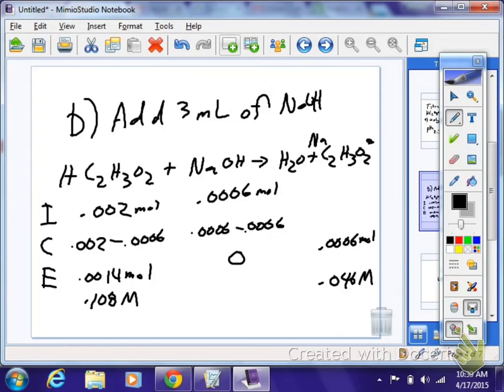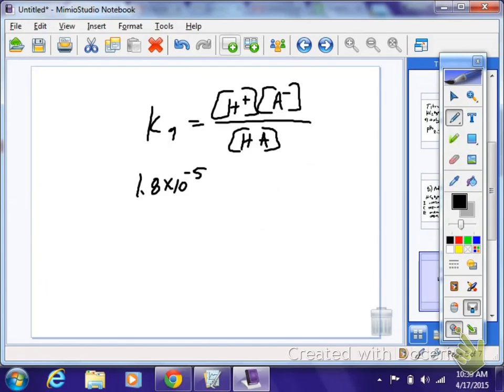No, they're in water. Water has all the hydrogens. So we don't have any H pluses. So right there, that one is not going to enter into our equation. All right? So we're going to be left with A minus and HA.